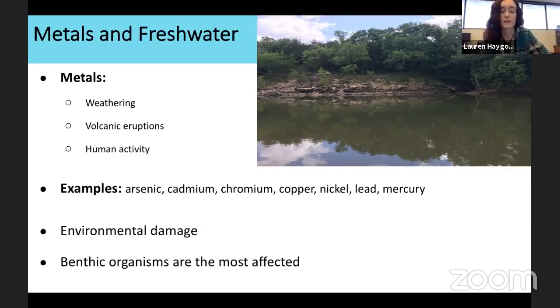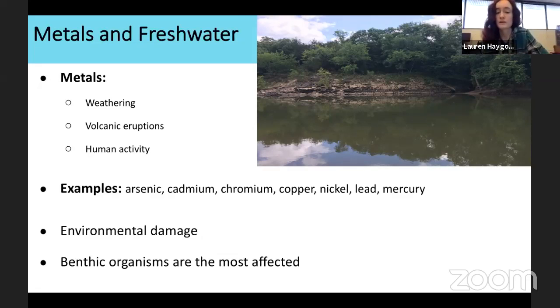So we drink water, and if there's an increase of metals in our water supply, then that's going to pose health problems to us. Also the environmental damage as far as recreation. If there's a water system that has really high metal content, you probably don't want to do recreational activities in there, because we can still be absorbing metals in through our skin.